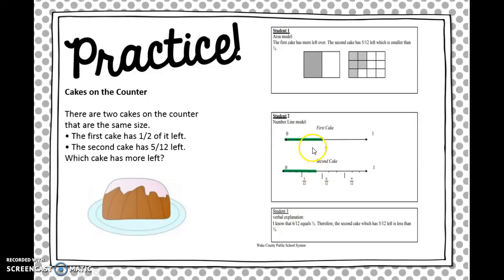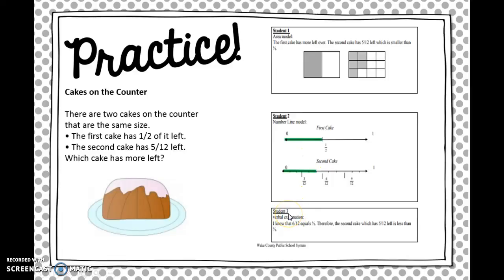On our second model, a number line was used. And again, we have the first cake, which 1/2 was left, and the second cake, 5/12 are left. So you can see that more of the first cake is left over than the second cake.